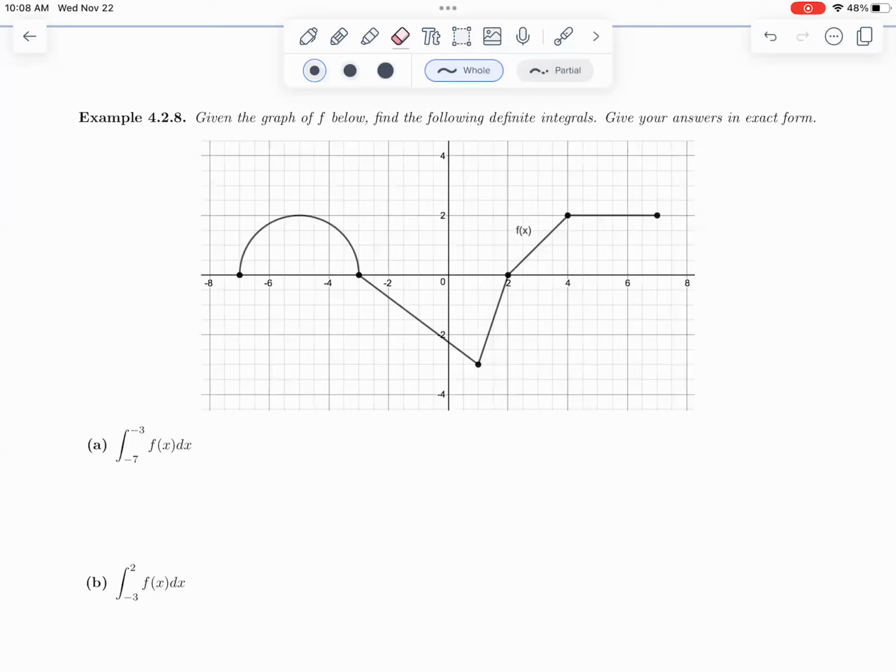That's a semicircle. The bottom portion is a triangle. The top portion is a triangle plus rectangle or a trapezoid, however you want to do it. So the integral from -7 to -3, that is this region.